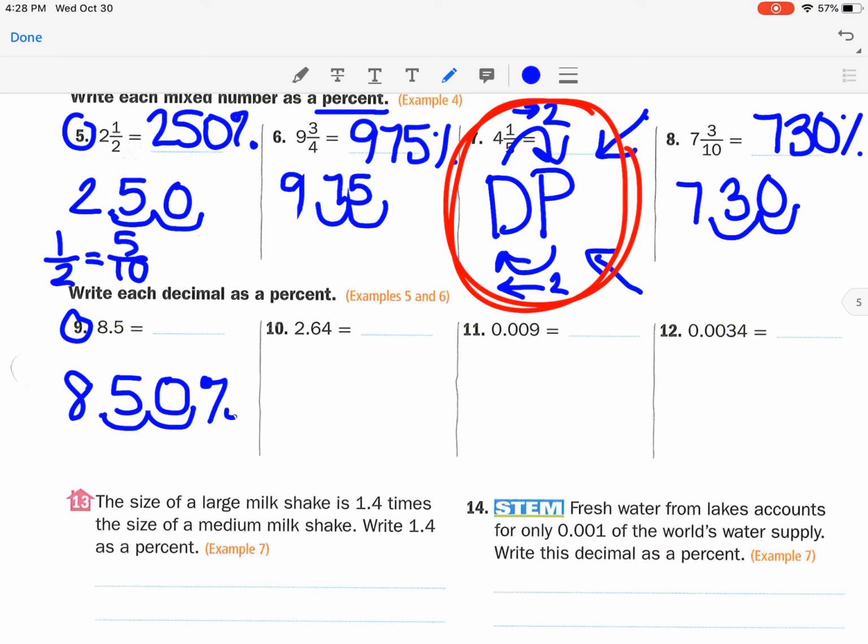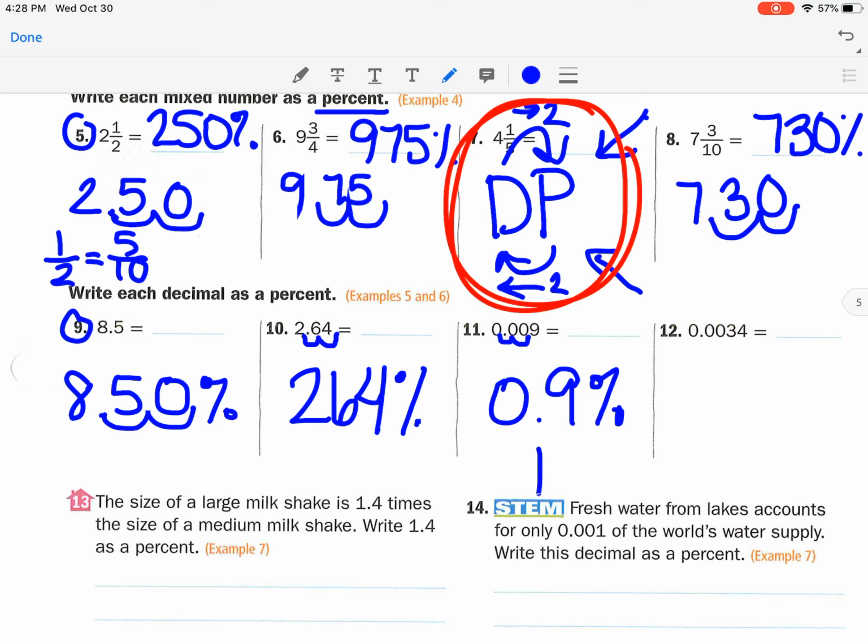Annex a 0, 850%. 1, 2 for 2 and 64/100ths gives me 264%. 1, 2 gives me 0 and 9/10%. So less than 1. That one's less than 1 whole percent because there's no whole number in front of that decimal. And then here, 1, 2 gives me 0 and 3400%. Again, that is less than 1.